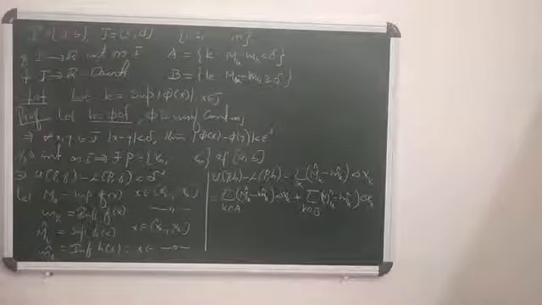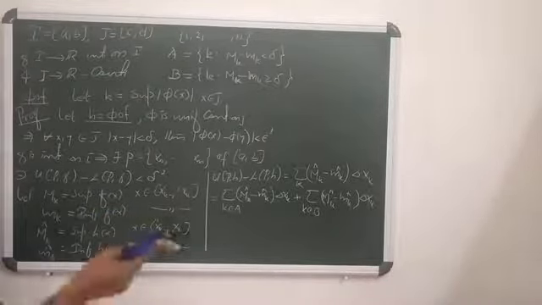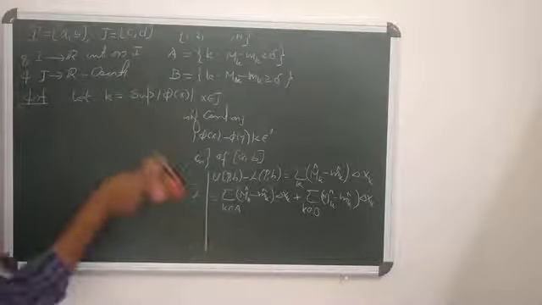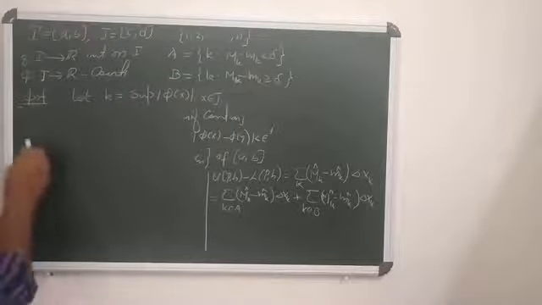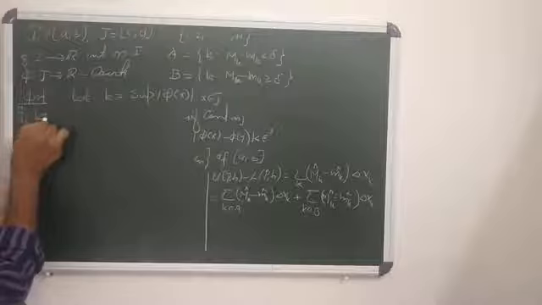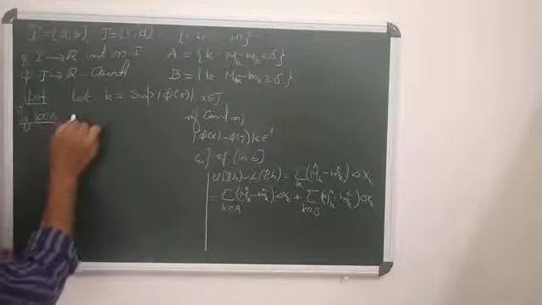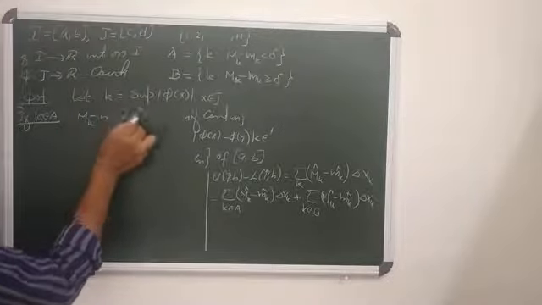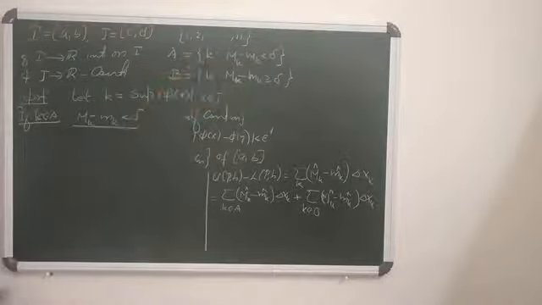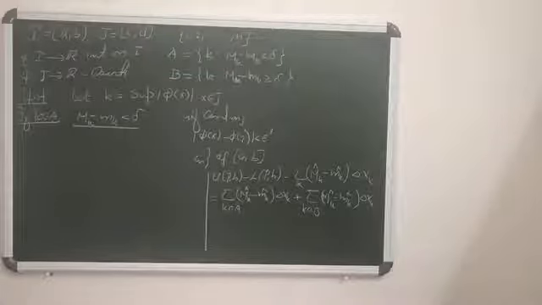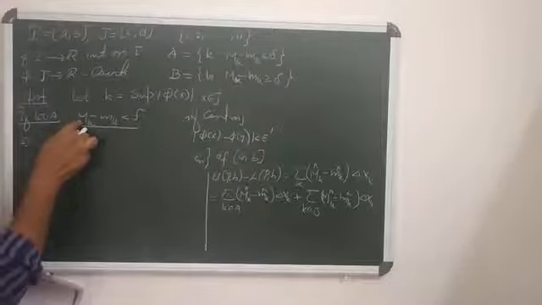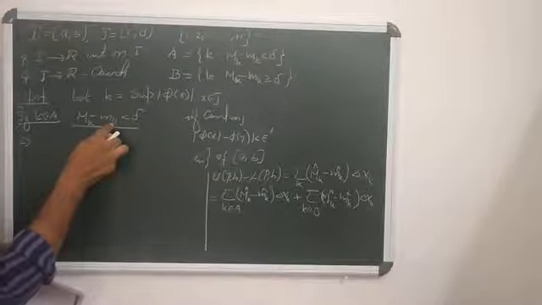The first case is when k falls in A. What happens? If k falls in A, that means M_k minus m_k is strictly less than delta, by the construction of A. M_k is the supremum of f(x), and small m_k is the infimum of f(x), so the difference is less than delta.